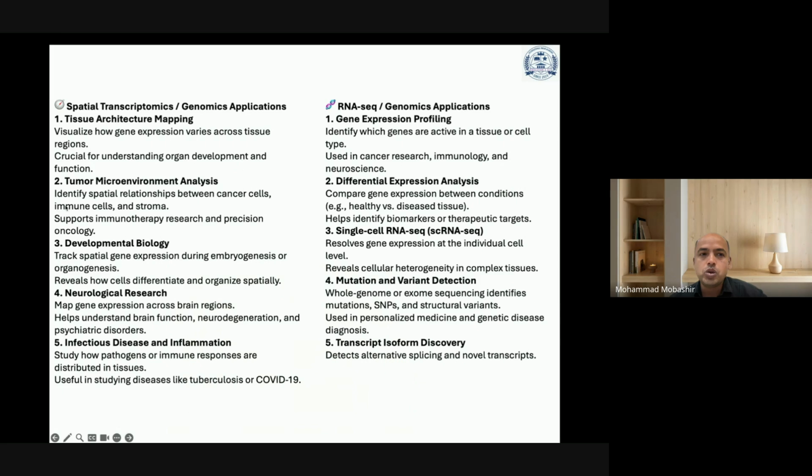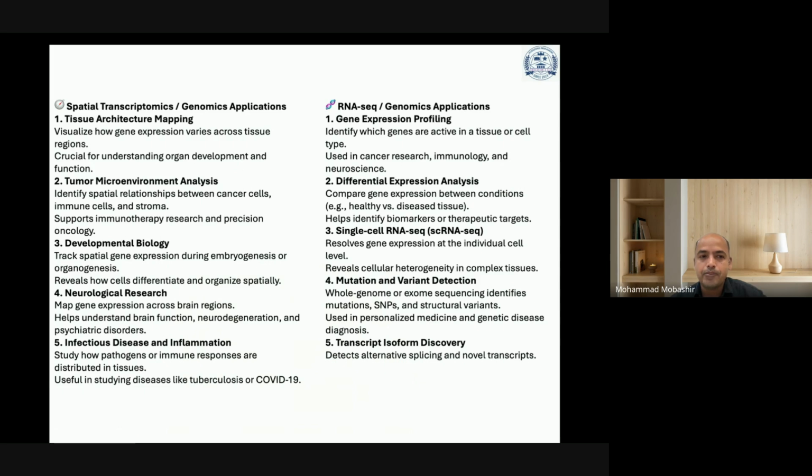It is used to identify spatial relationships between cancer cells, immune cells, and stromal cells, and it also supports immunotherapy research and precision oncology. It could be applied for developmental biology, tracking spatial gene expression during embryogenesis or organogenesis. It reveals how cells differentiate and organize spatially.